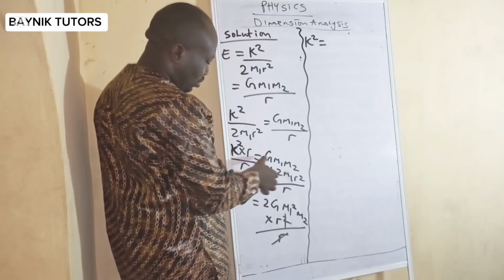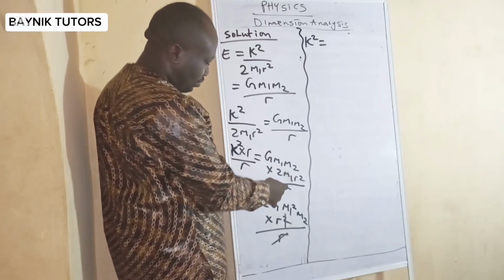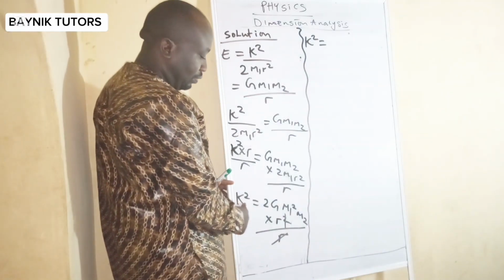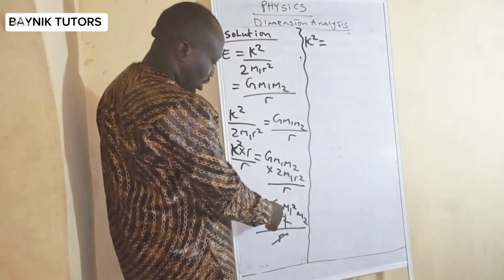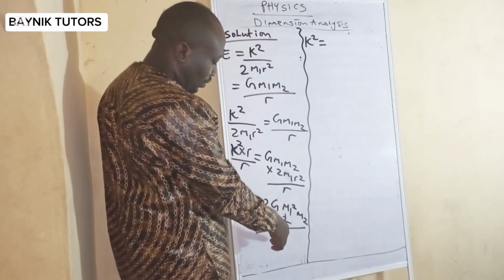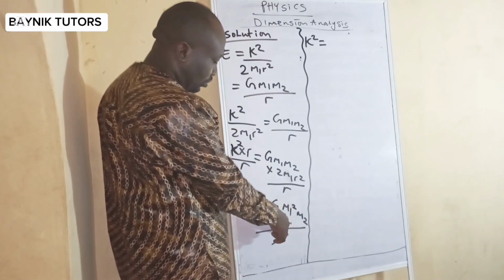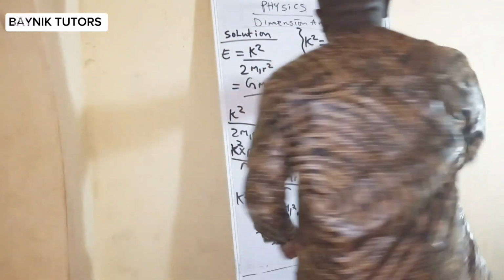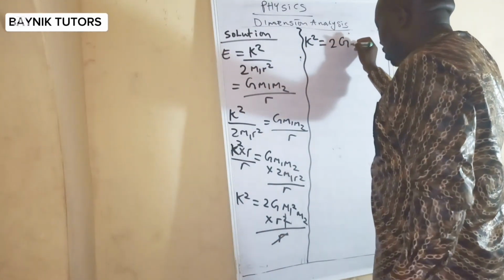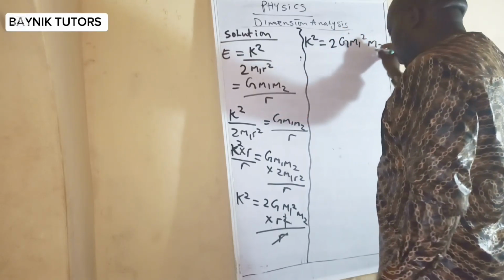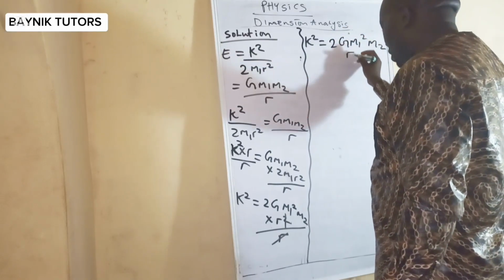So at the end, we multiply the variable side by R so that K stands alone. So we are finding this angular momentum K. This will now be 2G M1 square R square M2 R square over half. This will cancel one of these, and then we now have 2G M1 square M2 R.